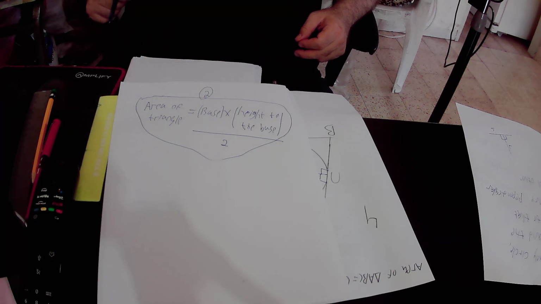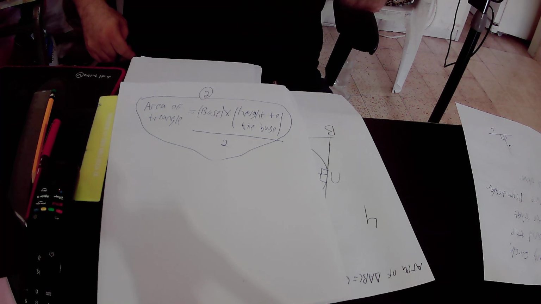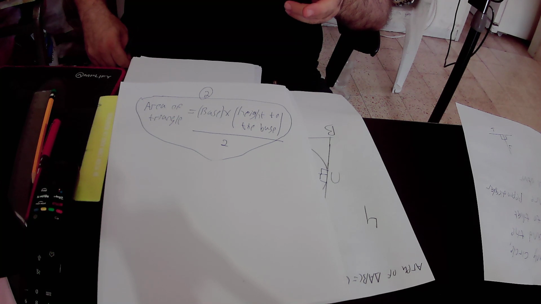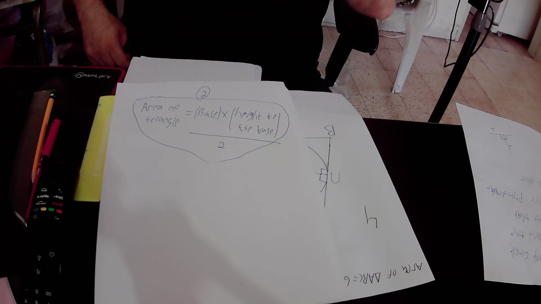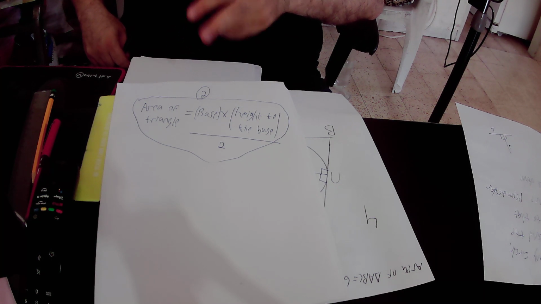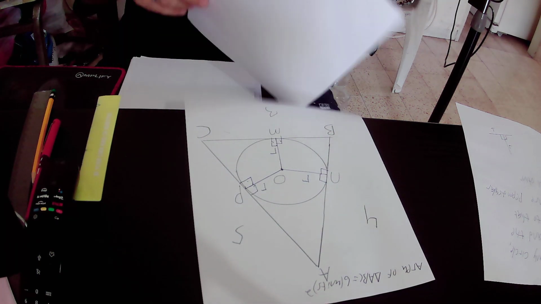And you should remember that the height to the base must create an angle of 90 degrees with the base. Okay, again, the height of the triangle must create 90 degrees with the base. And instead of area of a triangle, we can write capital A, that is an abbreviation for area.